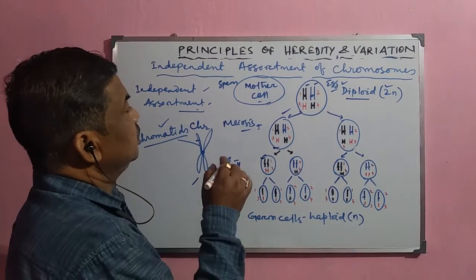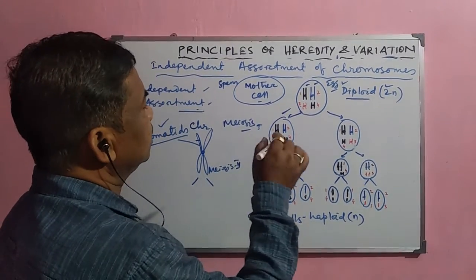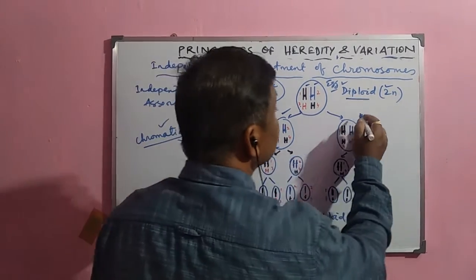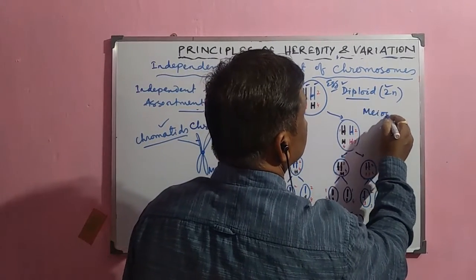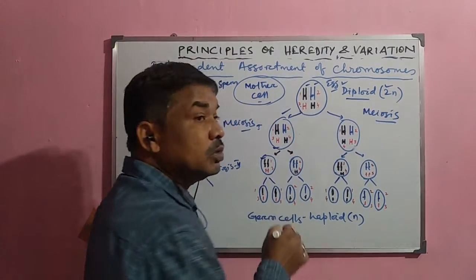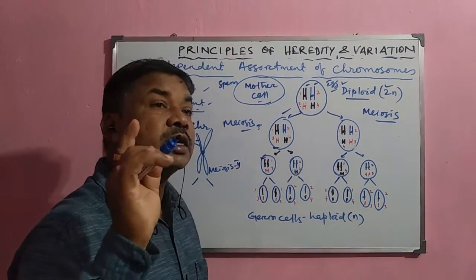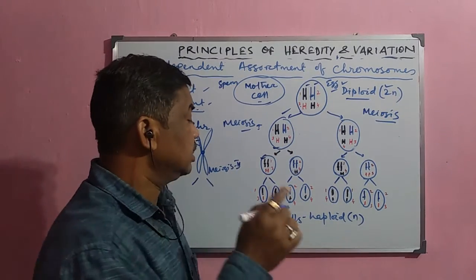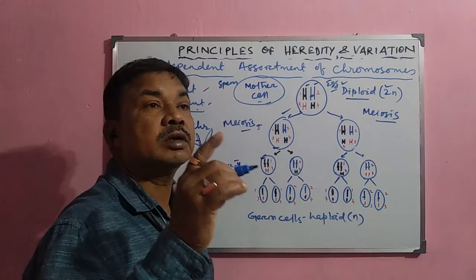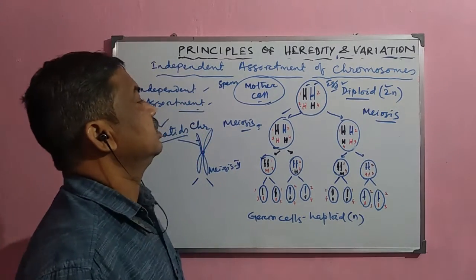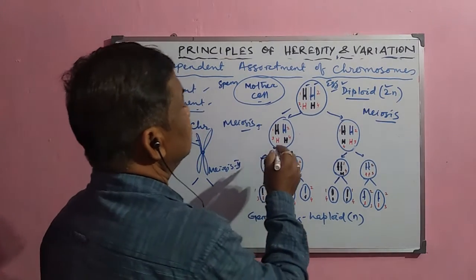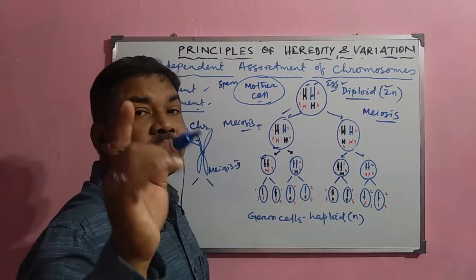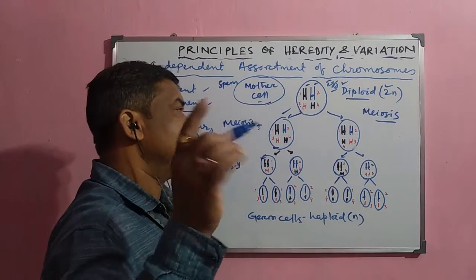Now during this independent assortment of the chromosomes, during meiosis, during gamete formation, the chromosomes are independently assorted, or independently transferred to the gamete cell, and from the gamete cell they are transferred to the next generation. This independence of the chromosomes is in this manner, just like the factors as explained by Mendel.